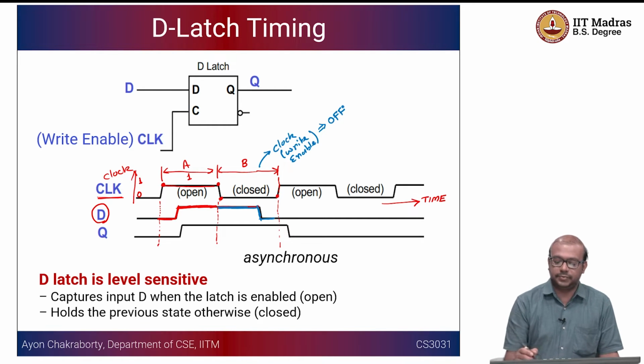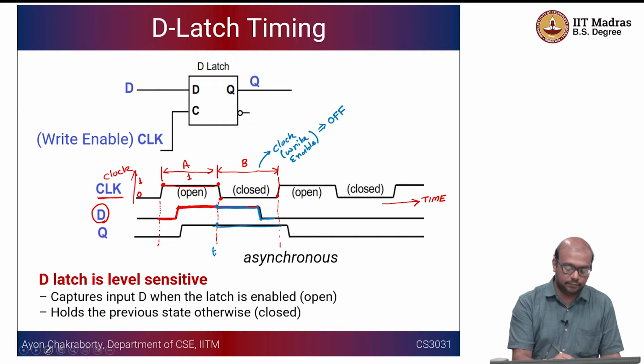See, at this point in time, the value of Q is set to 1, and so whatever happens in D, it is not going to change its value till the next clock pulse.